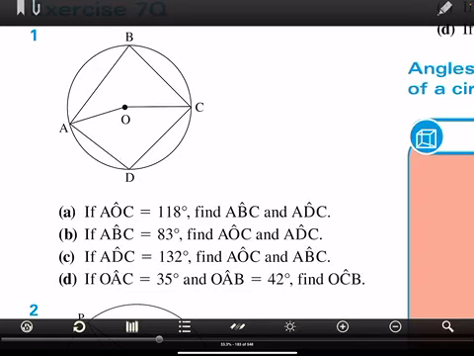O was 60, for example. It's like a part of a circle. Correct. So divide that by 2. Correct.